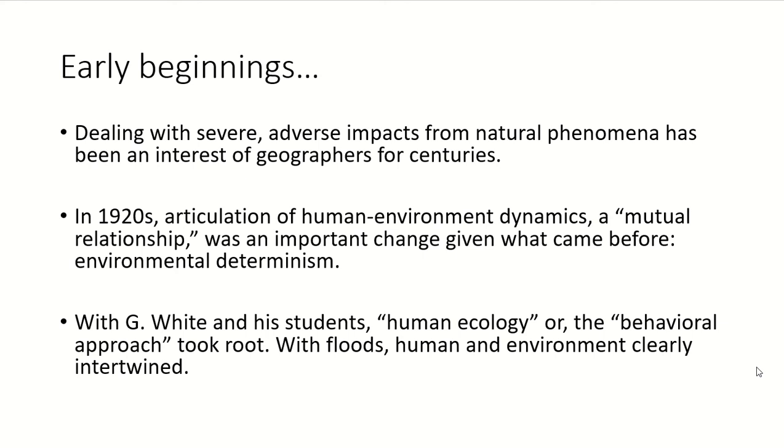Things like dams, levees, certain kinds of earthworks to try to either decrease the incidence of flooding or decrease the severity of flood events when they do occur. And those technological fixes work until they don't.